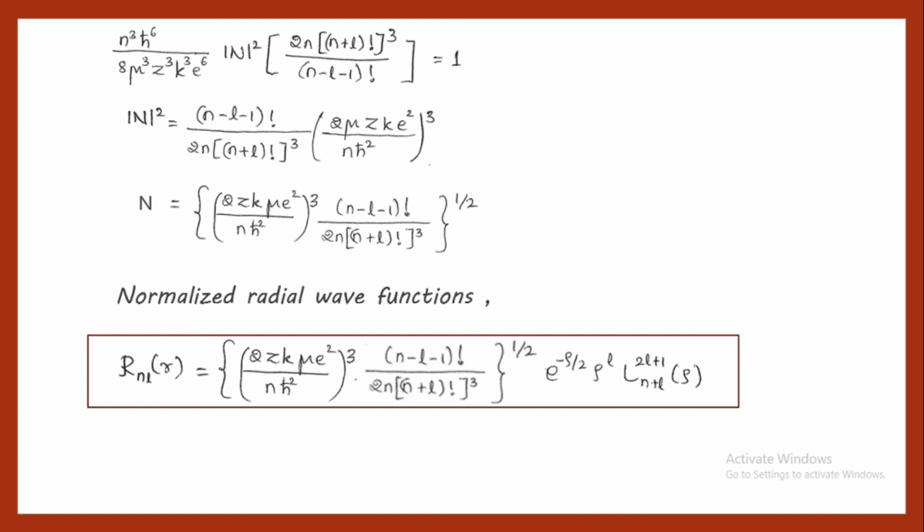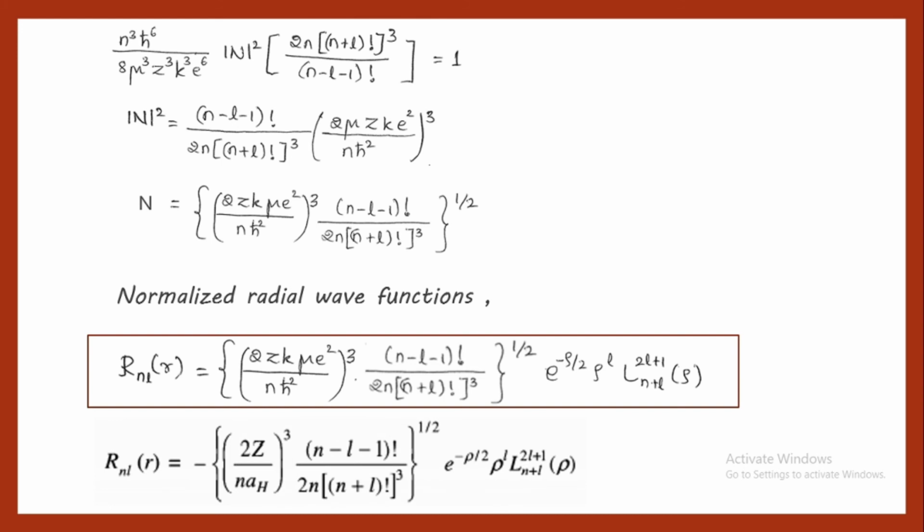If you further simplify, we can substitute the value of a_H, which is given as 4 pi epsilon naught h cross square divided by mu e square, and if you put mu equal to the mass of the electron, m, we can say that a_H is equal to a naught, the Bohr radius corresponding to the hydrogen atom. So this is the difference between the hydrogen atom and the hydrogen-like atom.